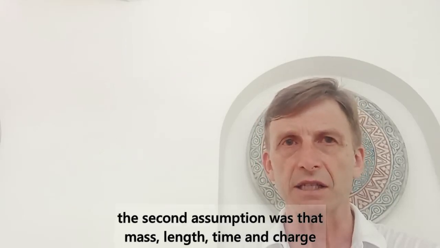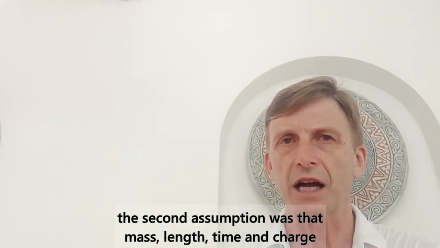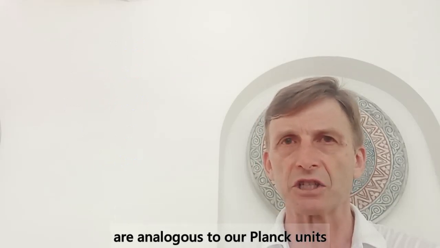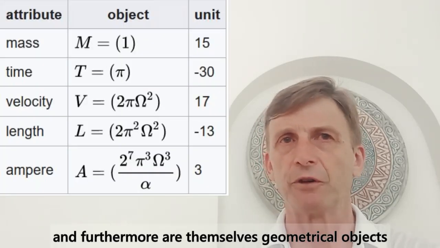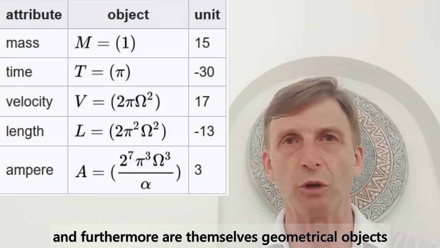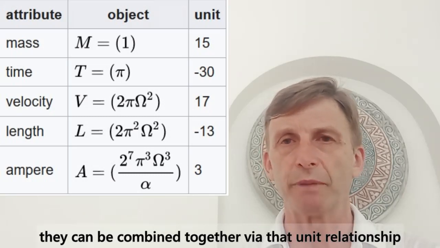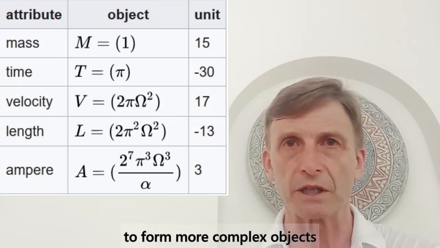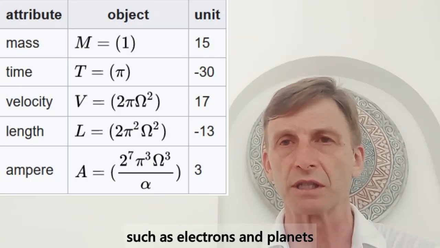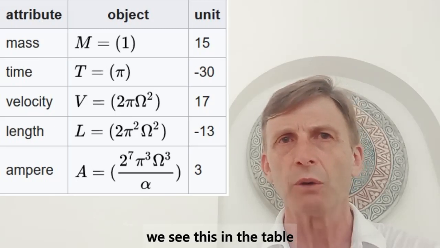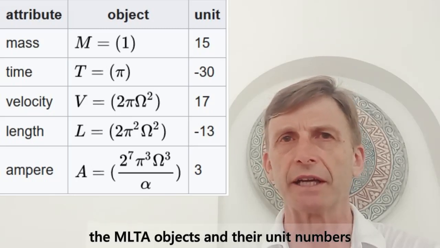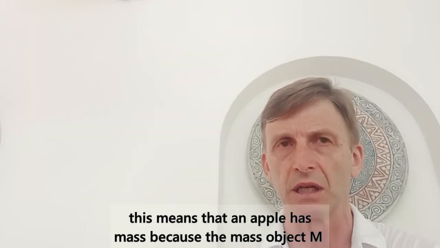The second assumption was that mass, length, time, and charge are analogous to our Planck units, and furthermore are themselves geometrical objects, and as such, they can be combined together via that unit relationship to form more complex objects, such as electrons and planets. We see this in the table, the MLTA objects and their unit numbers.